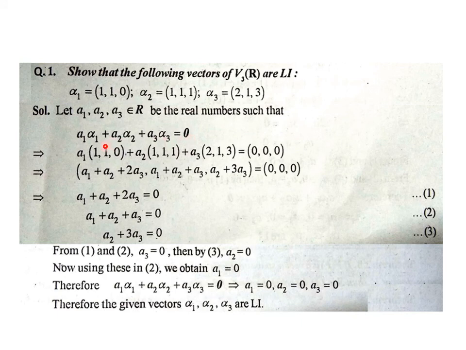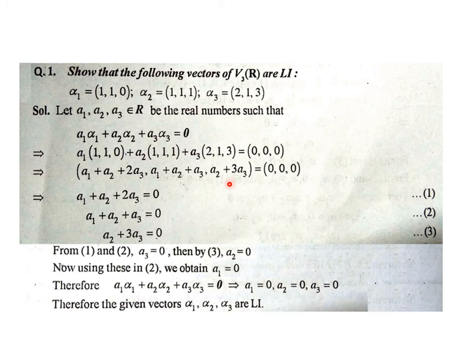And then we simply substitute the given values of alpha 1, alpha 2, alpha 3, and 0 on the right hand side means a 0 vector, so as vectors are triplets, it is also (0,0,0). Then a1, a2, a3 are multiplied inside and added together, so that equation comes.